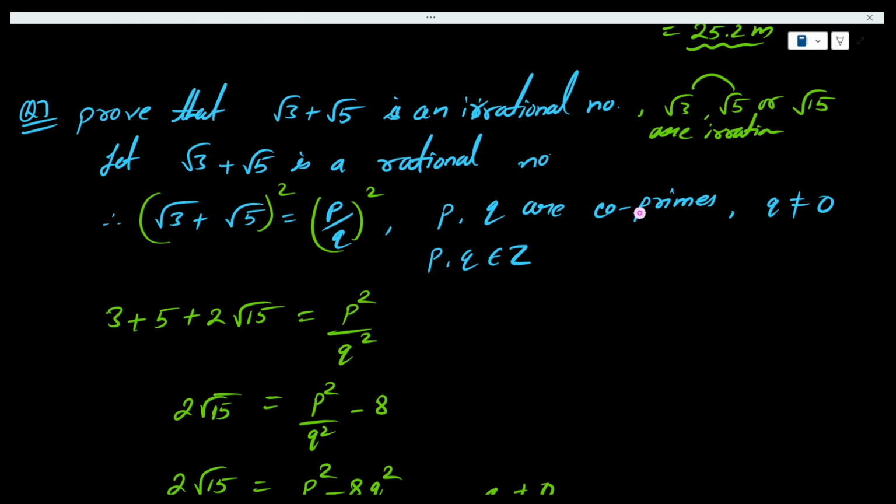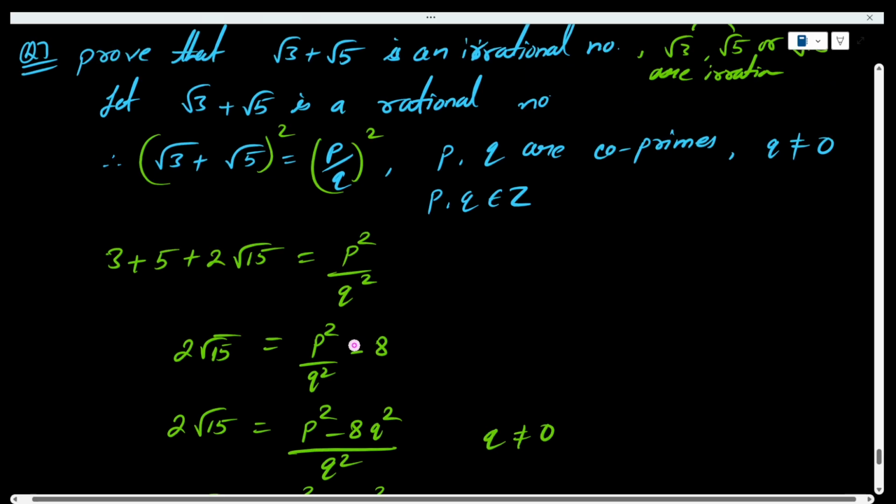Then you take the whole square on both sides, where p and q are co-prime, meaning their only common factor is 1, where q is never equal to 0 and p and q are integers. If I take the (a plus b) whole square identity, I get a square, which is root 3 square, that is 3, then root 5 square is b square, and this term is 2ab, which is 2 root 15, since root 3 into root 5 is root 15, and the right side will be this.